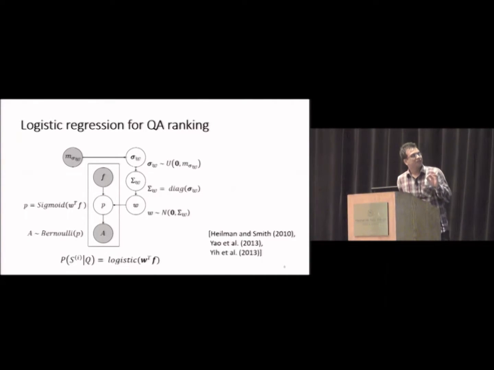So it has the same setup. You still have the feature vector and the weight vector, but the weighted sum of the features here is the logit, which represents the probability that the sentence contains an answer to the question. But you still use that same weighted sum of features.